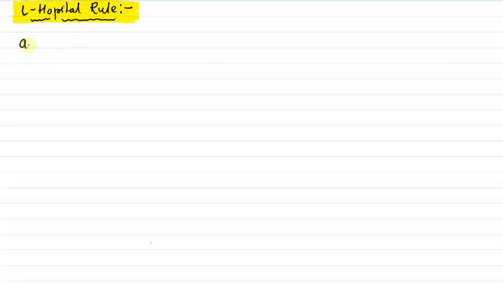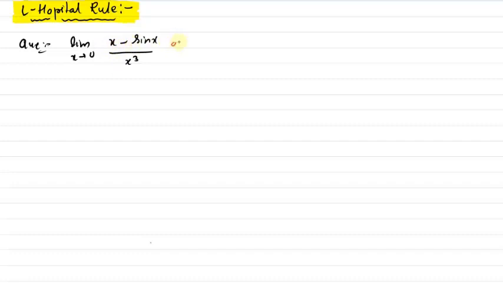The next question says evaluate limit x tending to 0, x minus sin x divided by x cube. We can also solve this question by expansion or by use of standard limits, but first let's check what form it is. It is 0 by 0 form.